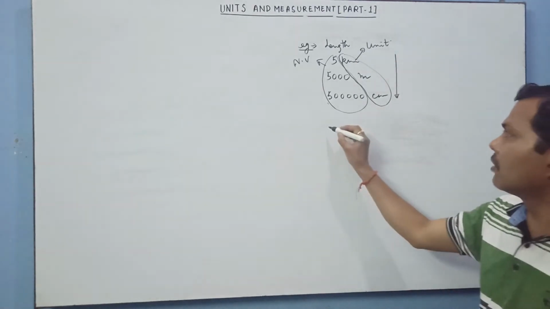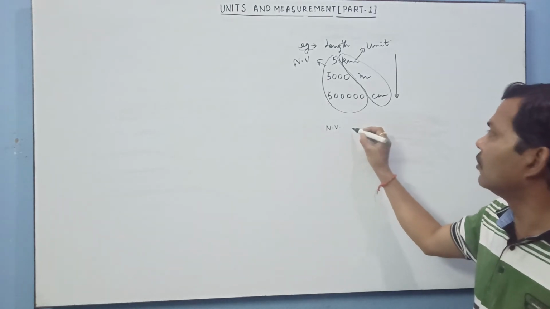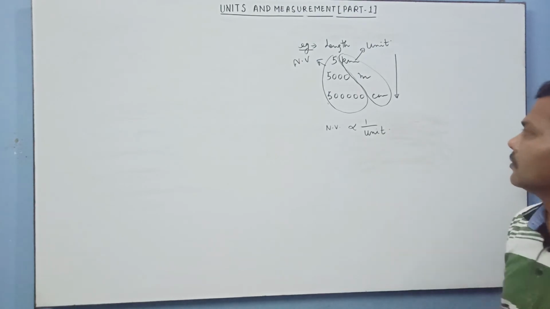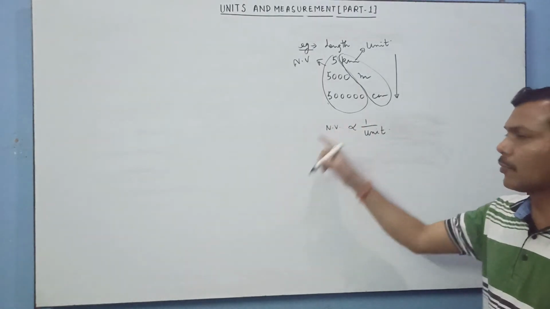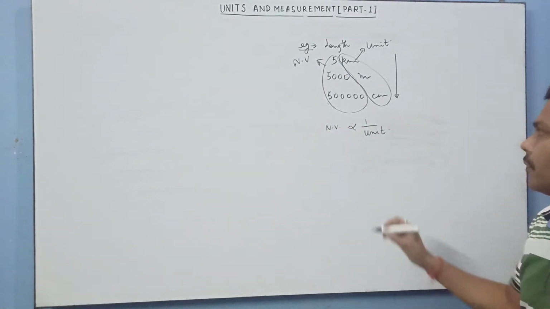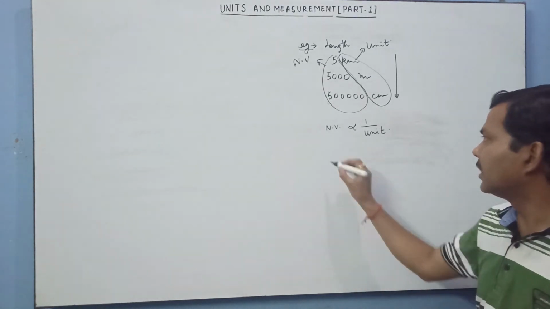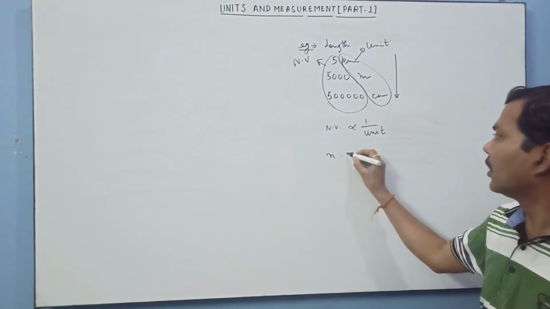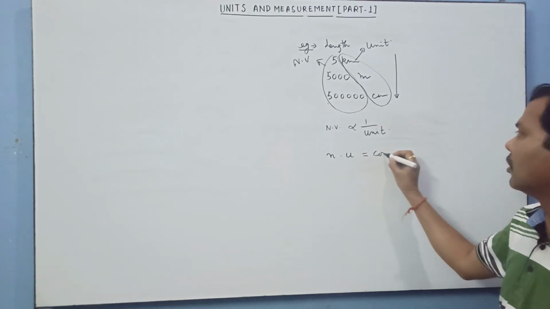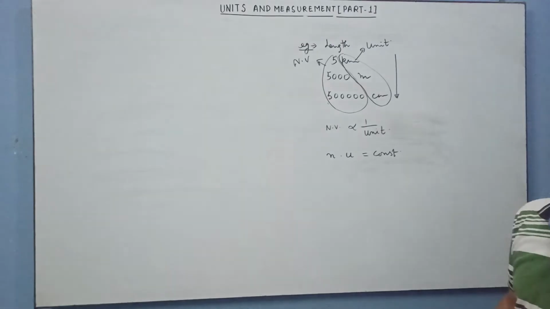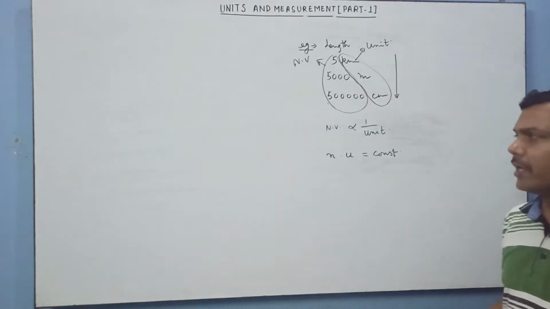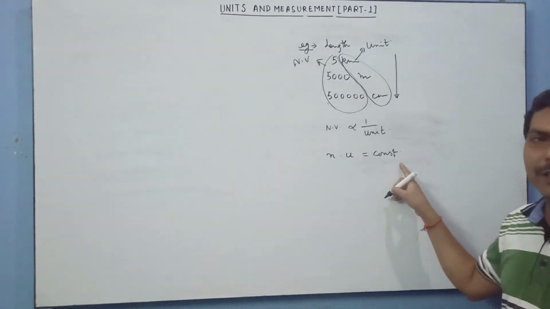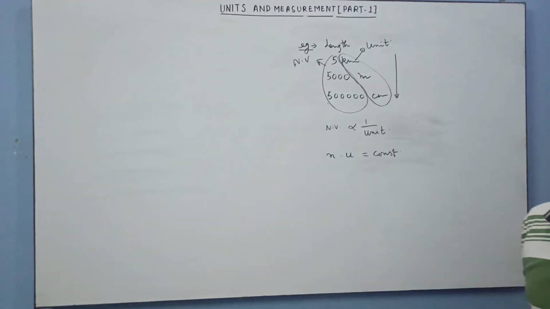So there is an inverse relation between numerical value and its unit. Means numerical value is inversely proportional to unit. Therefore, we can write numerical value into unit is equal to constant. Means the multiplication of numerical value with its unit is a constant.